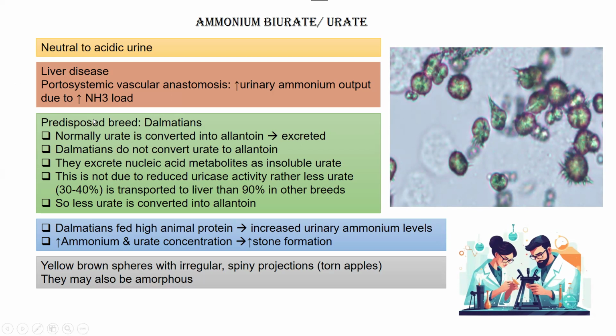The other indication is a specific breed, Dalmatians, that are predisposed to these crystals. Normally in dogs, urate is converted to allantoin, and that allantoin is excreted from the urine. But Dalmatians do not convert urate to allantoin. Basically, they excrete nucleic acid metabolites as insoluble urate.